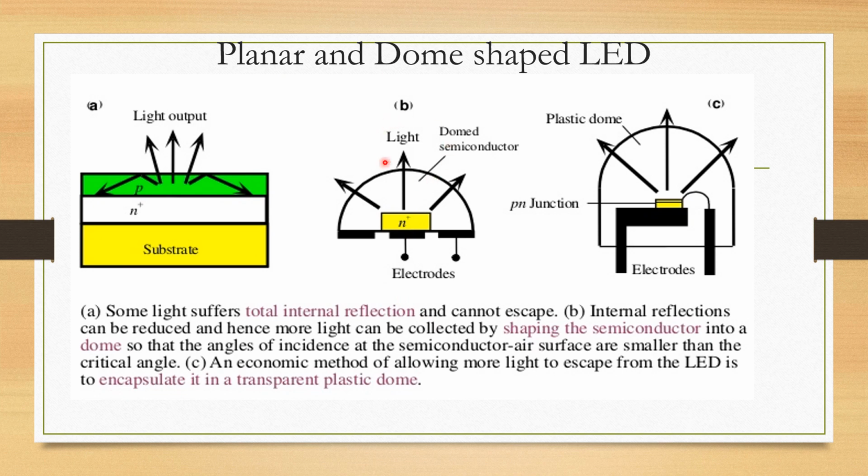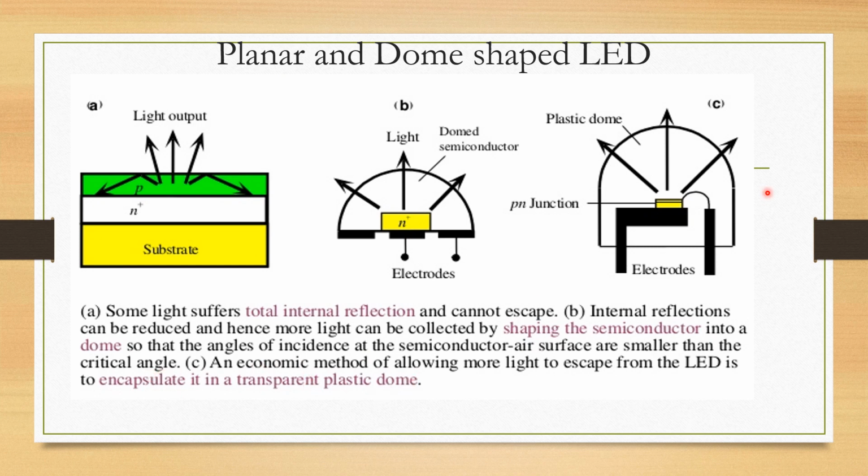Whereas when you think about this dome shaped LED, then these internal reflections can be reduced to a greater extent. So there are two ways of forming this dome shape. One is shaping the semiconductor into a dome so that the angle of incidence at the interface will be smaller than the critical angle.